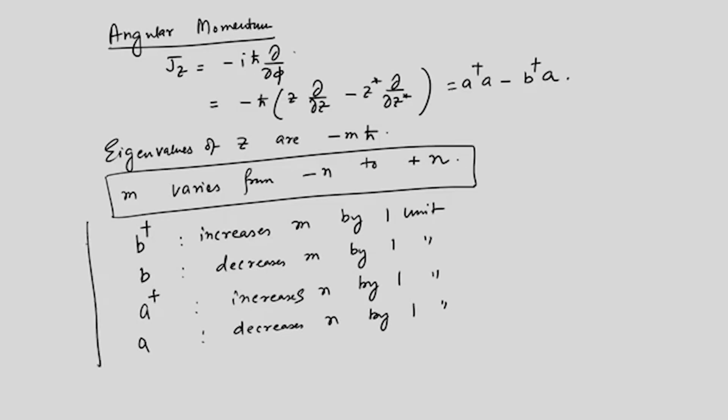So, these are the reasons that we have so far introduced them, and we have carefully dealt with them, and m goes from minus n to plus n, and so on. So, it is like the harmonic oscillator problem now has two indices, and the wave functions have two indices.